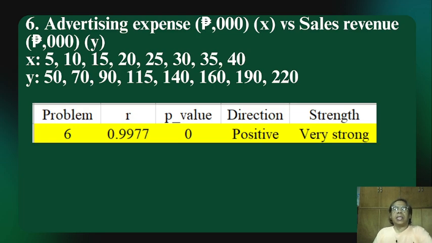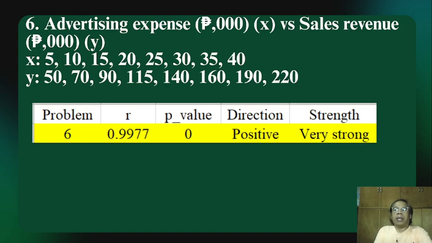Number 6. So we have advertising expense in 1,000 pesos. That is our X versus our sales revenue in 1,000 pesos, and that is our Y. So these values of X and Y, use Excel, write them there, and then use our formula for R. And the R value is 0.997.